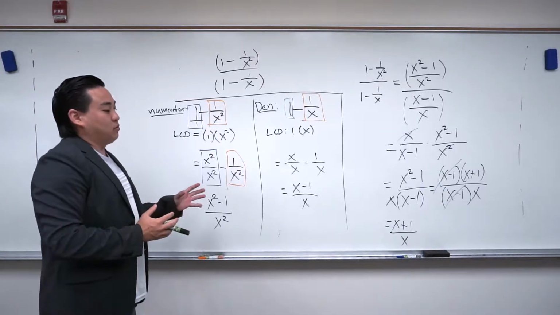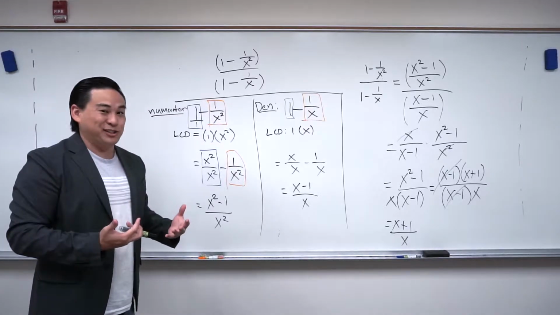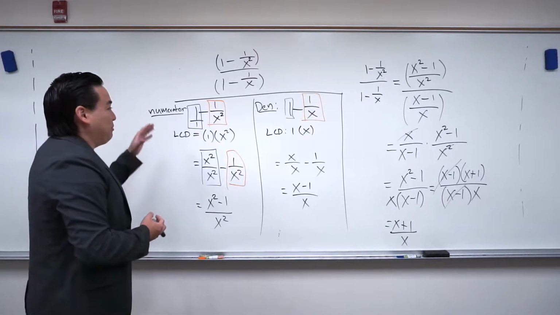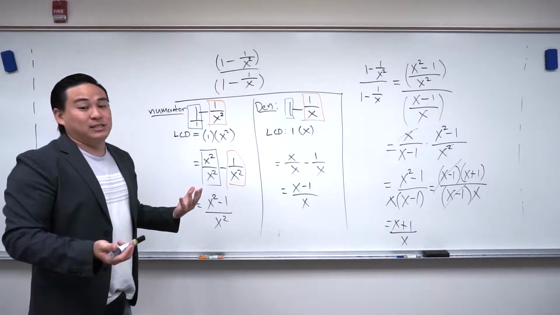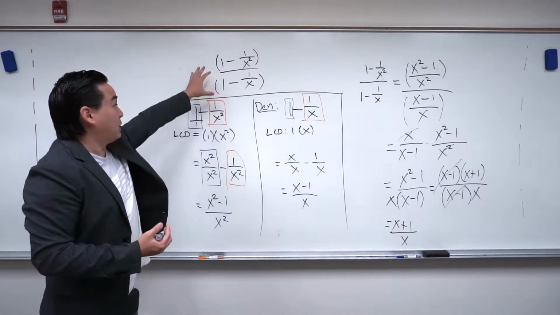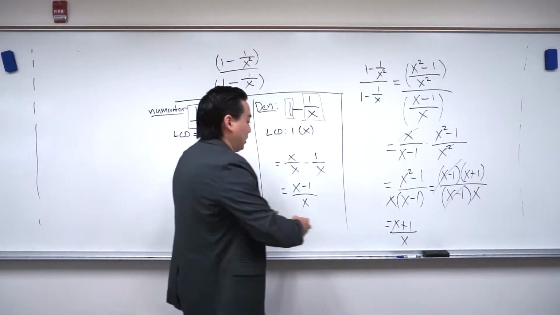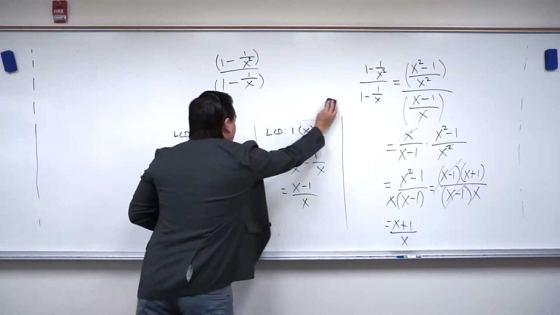Okay, so remember, when we're doing all this cancellation, you have to write all those restrictions that we canceled out. So it might be easier just to start off from the very beginning and say, what are the things that make the expression undefined? So what I'm going to do is find the domain.